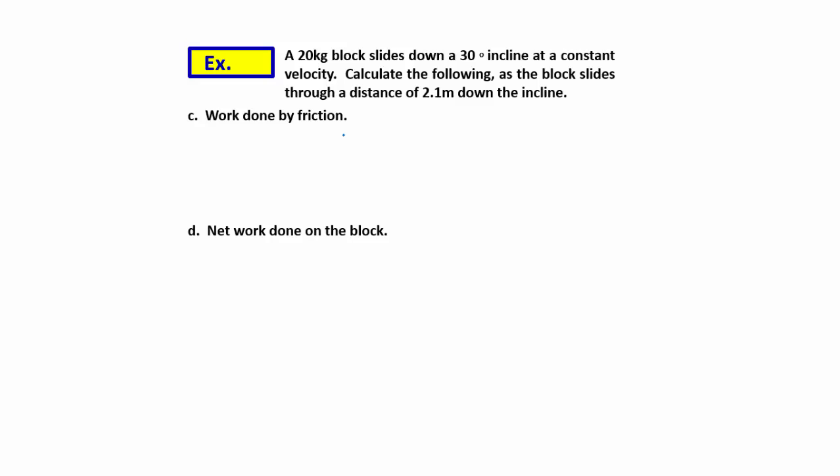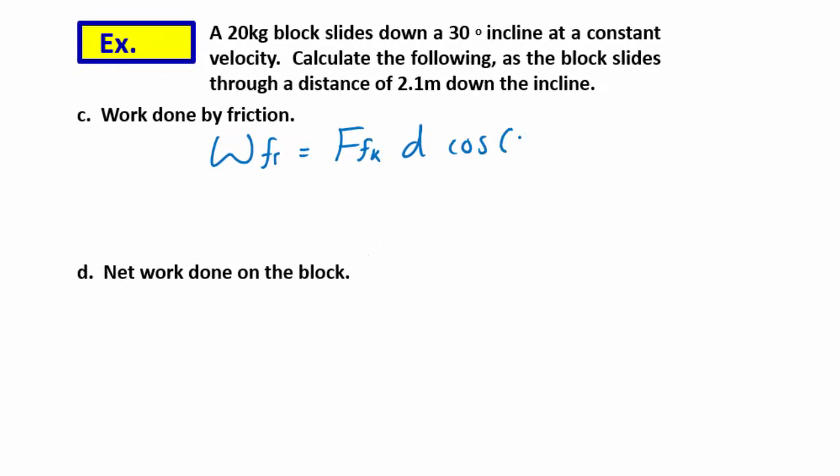The work done by the force of friction is equal to the force of friction d cosine theta. And remember, a second ago I showed that diagram: that force of kinetic friction is equal to FGX for this problem because we are moving at a constant velocity and the acceleration is 0.